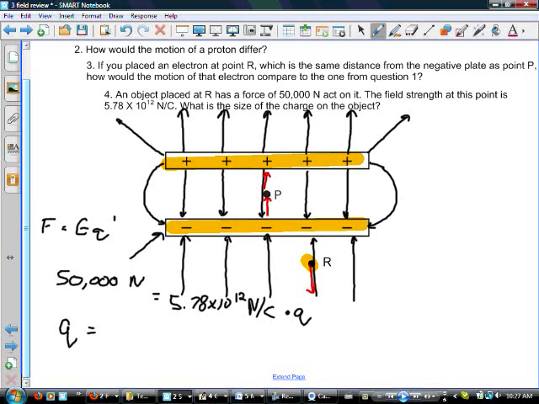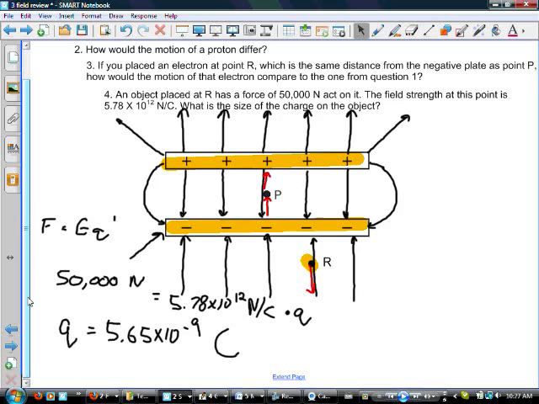So 50,000 divided by that big number, 5.65 times 10 to the negative 9. Yep. Sounds reasonable. Anyone very much disagree? Oh yeah, sorry, I forgot my units. I got something different. You got something different?